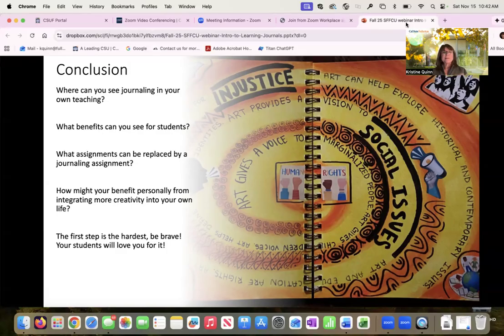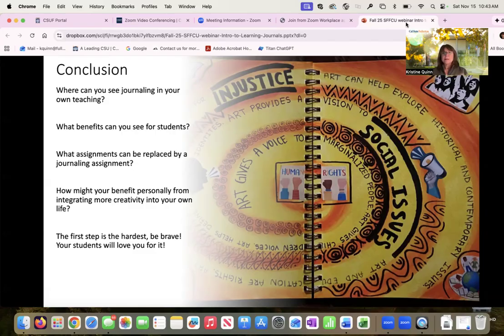Can you think of any assignments that can be replaced by a journaling assignment in your classroom? Do you have them do any sort of character analysis? Do they do any sort of current events? Do they annotate literature? Do they look at primary source documents?